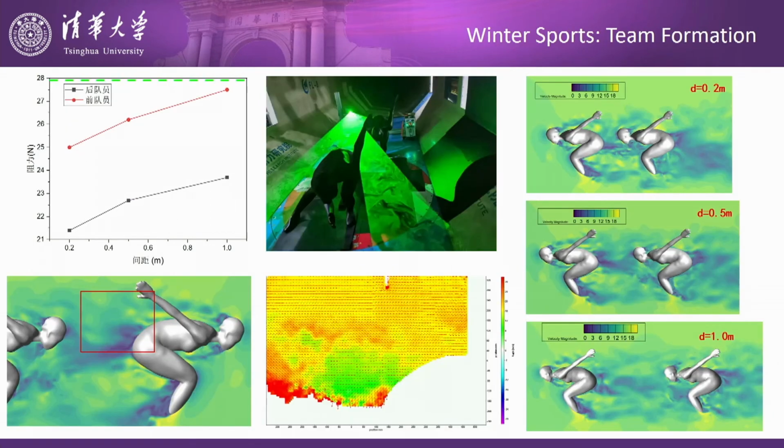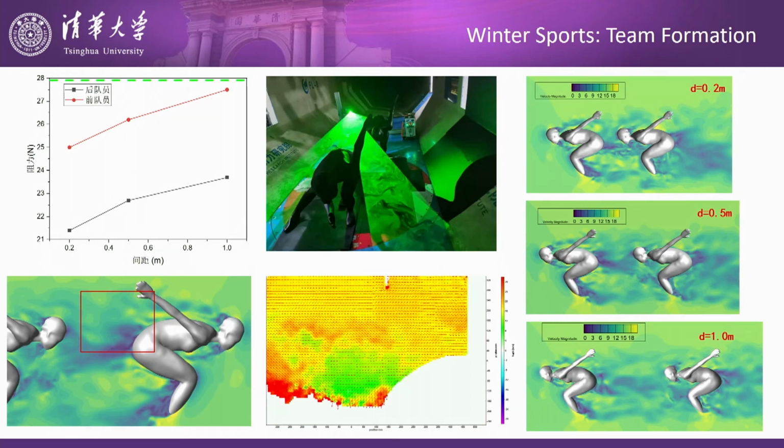I talked about a lot of CFD. Is it trustable? The answer is yes. We have this PIV test. PIV can visualize the flow field in the wind tunnel. It's an experimental tool. This is the CFD result, and this is the PIV result. Analyzing the flow field, we found they agree highly with each other.